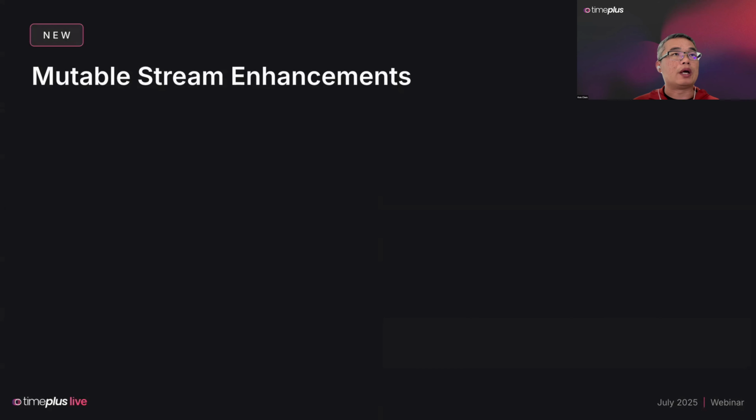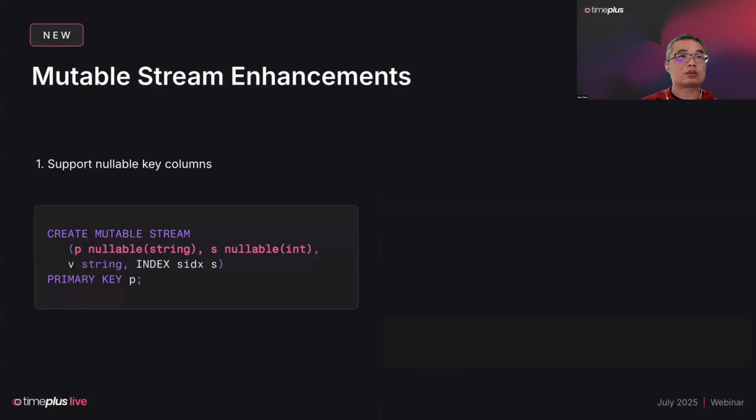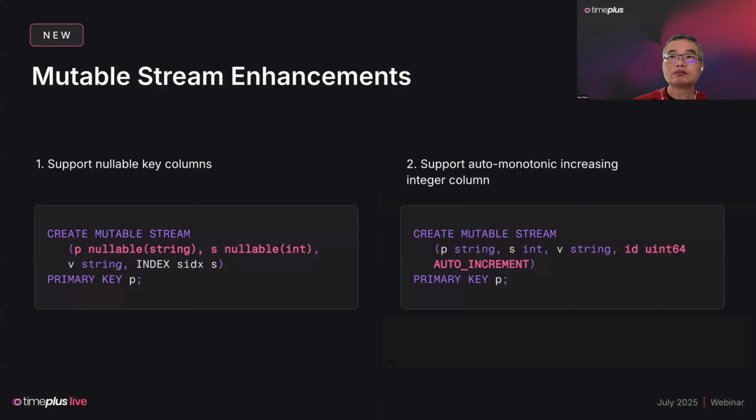And also for the mutable stream enhancements, right now we can support nullable key columns for the primary key or for the secondary index key. In this example, we have a primary key which is a nullable string. We have a secondary index S, which is a nullable int as well. So moving forward, users can create indexes for them.